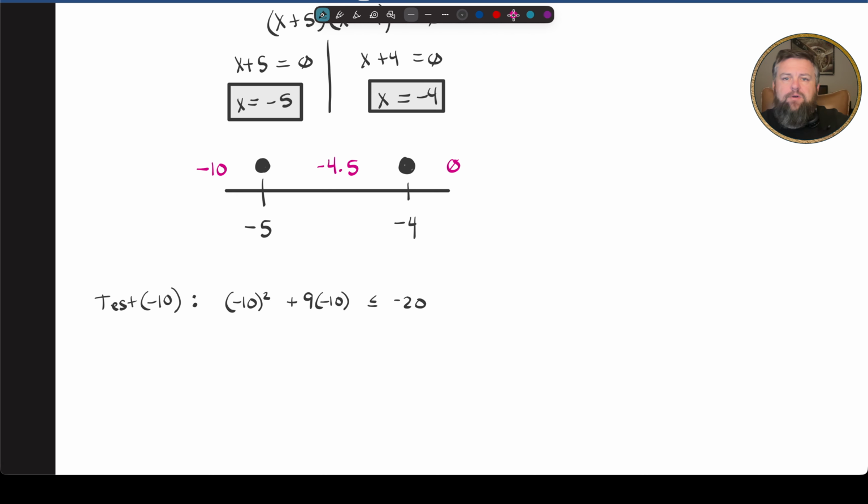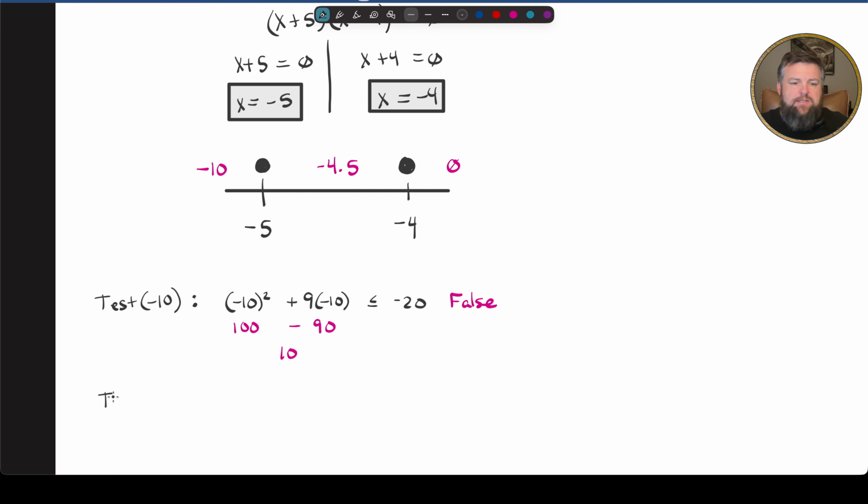If we go through the math, we end up with 100 minus 90, and from this we get positive 10. Is 10 less than or equal to negative 20? No, it's not. So that would be false. We would reject negative 10 or anything to the left of negative 5. We will not include that as part of the solution set.